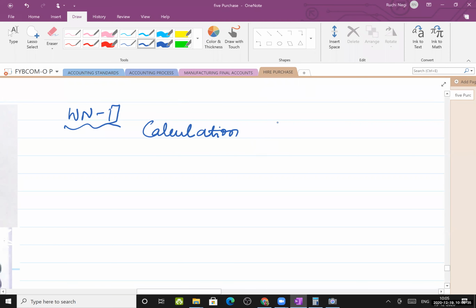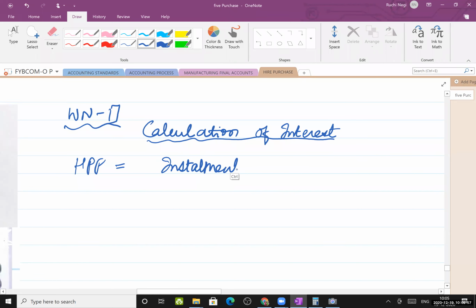Okay, see the logic that I'm going to use, the same as the last lecture. Hire purchase price is what? It is my installments plus my down payment.